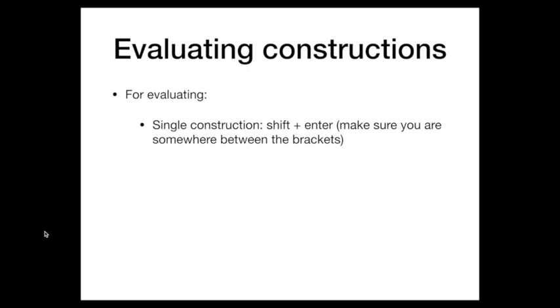If you want to evaluate one single construction, make sure that you stand somewhere between the brackets of the construction and press Shift Enter. Otherwise, if you want to evaluate the whole file, just click the Evaluate File button. Okay, I hope that was clear, and have fun writing your own constructions.